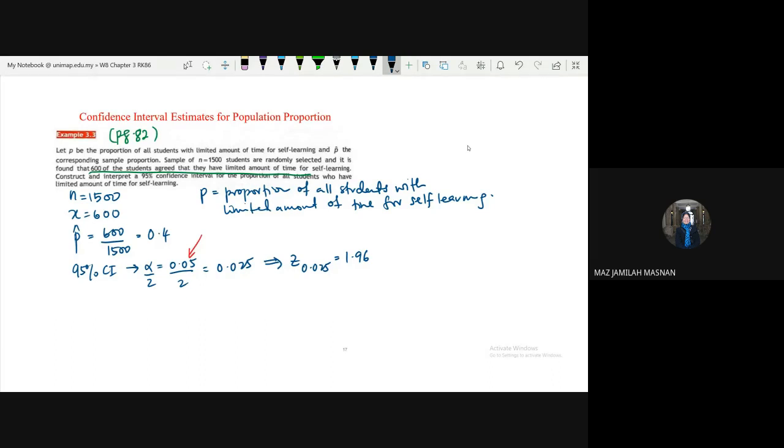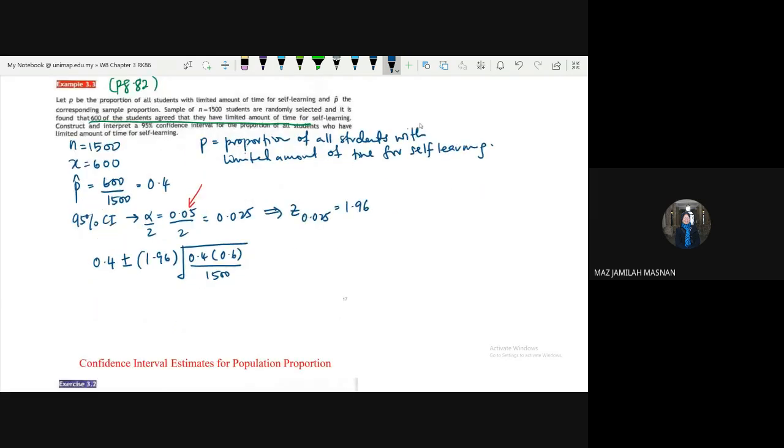You have p hat equal to 0.4 plus minus z alpha, 1.96, times square root of 0.4 multiplied by 0.6 divided by the number of n, 1500. So if you calculate, this would be 0.4 plus minus the margin of error.